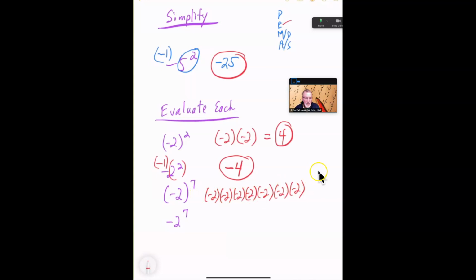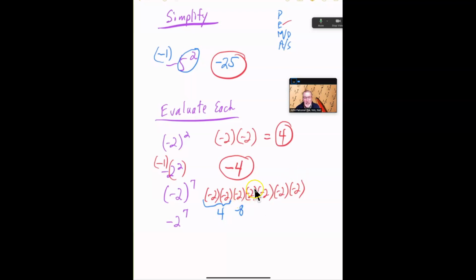So let's go ahead and look at these. Let's change colors. So this first part, -2 times -2, evaluates to +4. This is the same thing that we got up here, right? But now we have -2 times +4. That gives us -8.